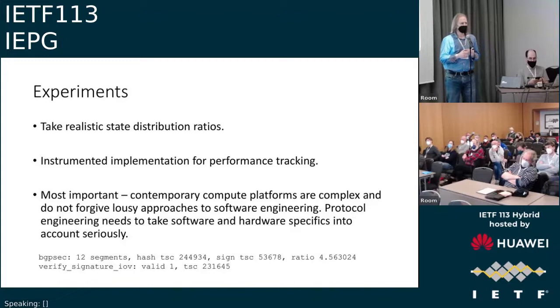The experiments. So what has been experimented with? Let's take the realistic real-world distribution of prefixes, prefix to AS-path ratios, the fan-out ratios, and the overall setup was 24 hours of BGP updates taken from multiple public sources.